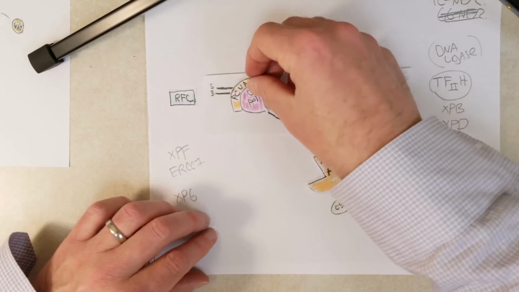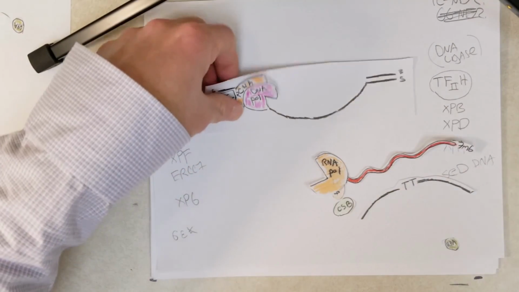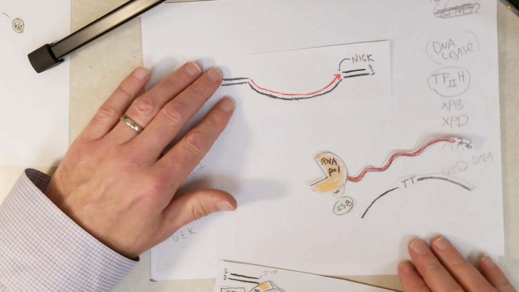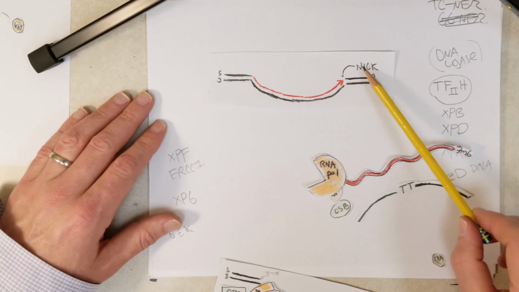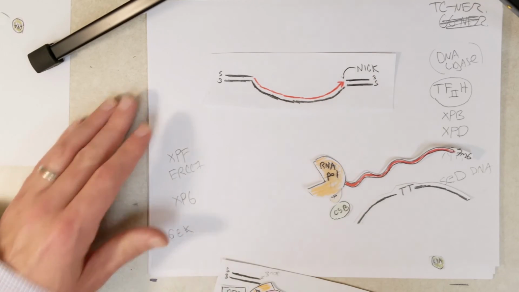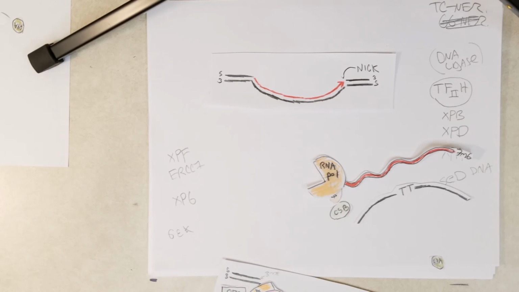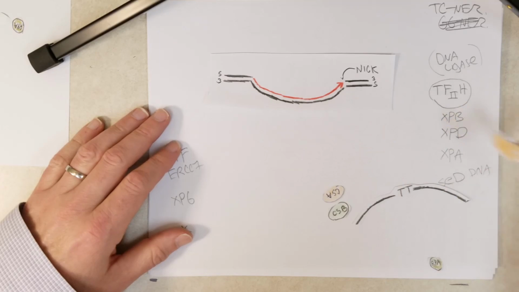DNA polymerase can come in with replication factor C, fill in the damage, and then we need DNA ligase to seal that nick. So that's it really for nucleotide excision repair. Not too complicated, I don't think.